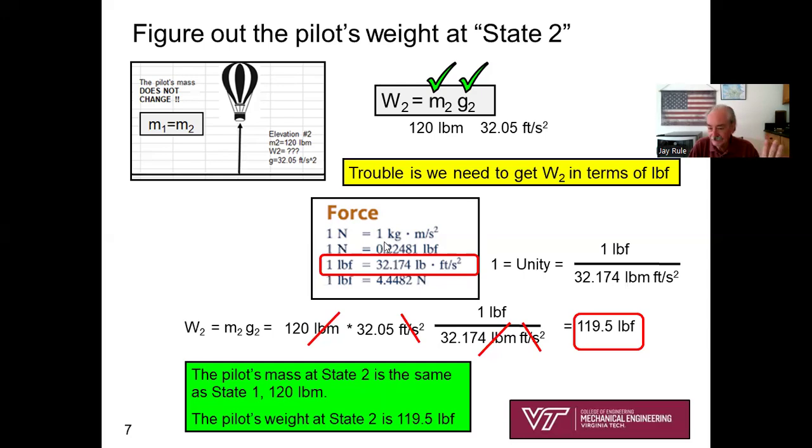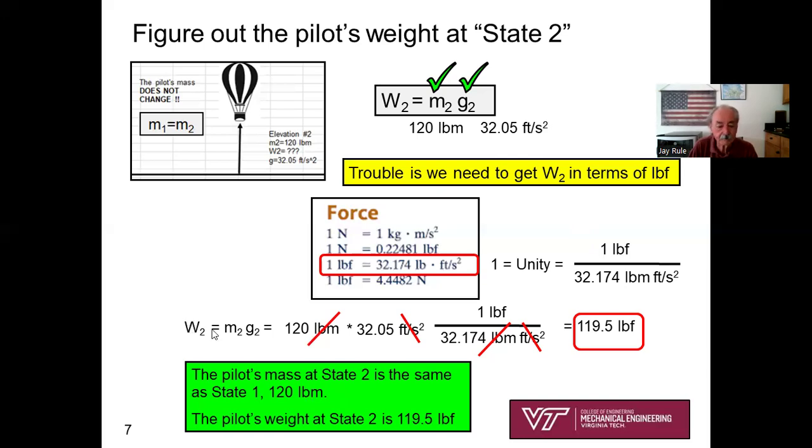We're going to go right back to that same conversion factors page. We're going to do the same unity approach, except let's plan ahead. So we can visually see in our solution, W2 is mg, okay? I'm praying for pounds force. So do you see that it kind of makes sense to write out unity is 1 pound force divided by 32.174 pounds mass feet per second squared? I'm kind of planning ahead to do that.